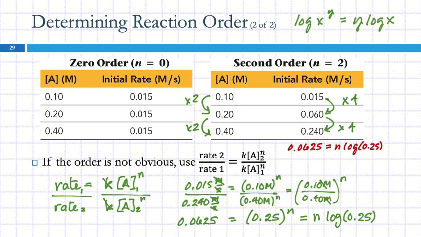And it's been 2 years since I did this in the classroom, and I messed up. I forgot to take the log of the other side. So if I take the log of this side, I have to take the log of that side also. And this is just leftover.